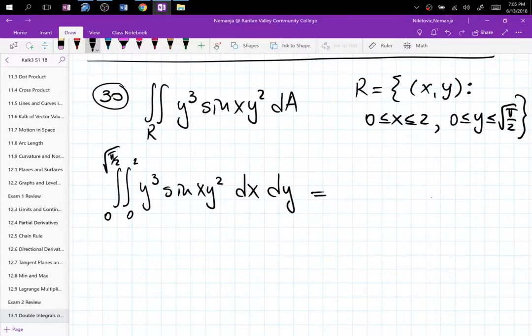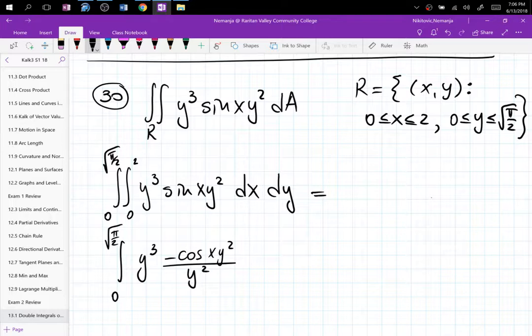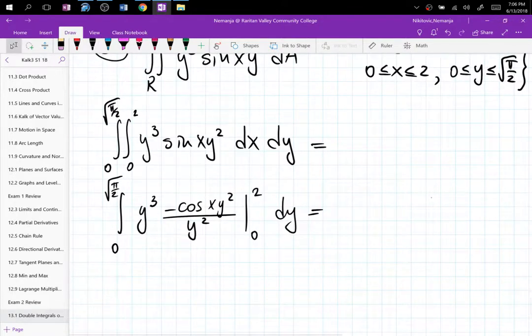The only thing that I need to integrate here is sine. I get to copy y cubed because I'm integrating x. When I integrate x out from sine, I will get negative cosine xy squared divided by y squared. And then I compute that from 0 to 2, and I have dy to deal with still.